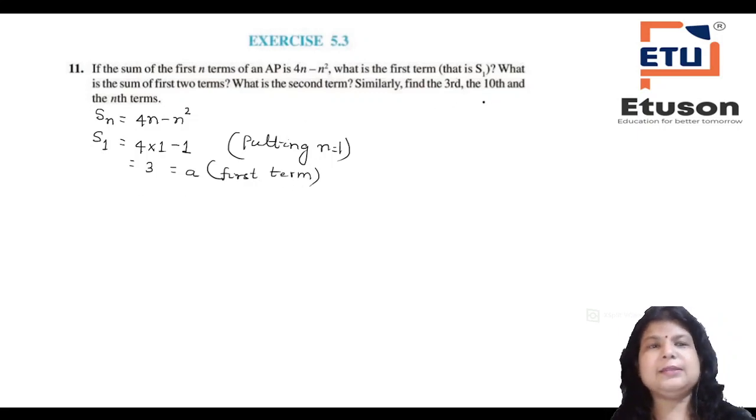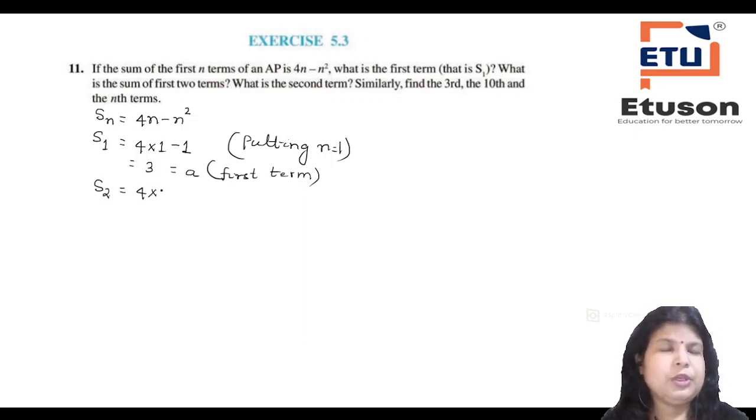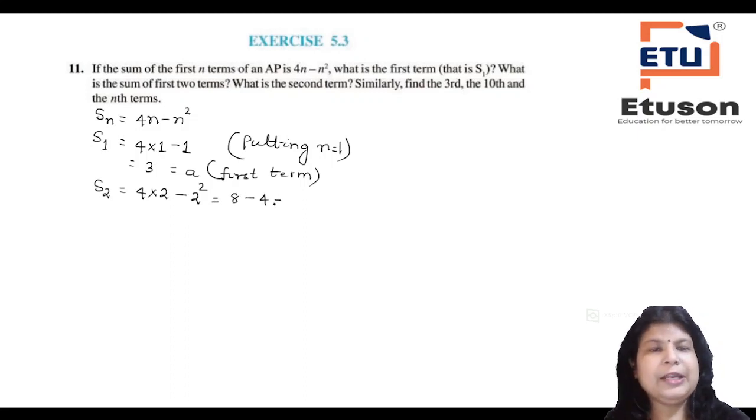Now what is the sum of first two terms? So you need to find out S2 here. Putting n is equal to 2, you get 4 into 2 minus 2 square. That is equal to 8 minus 4, and your answer is 4.